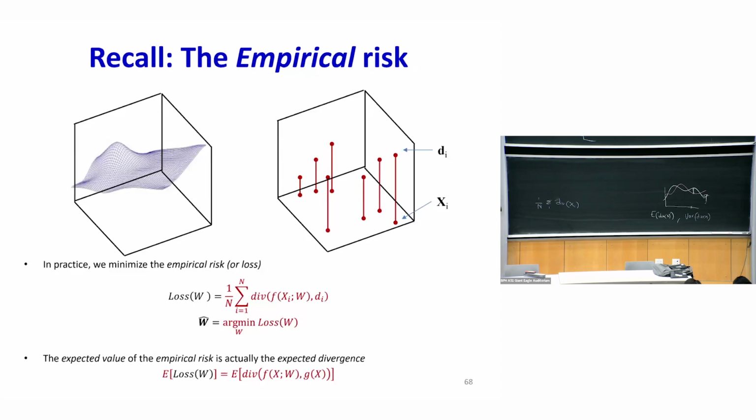So this is my loss. And the actual value of the loss is going to depend on the set of training points I choose. So the expected value of the loss is going to be, by the linearity of expectation, expected value of the divergence of x of i.